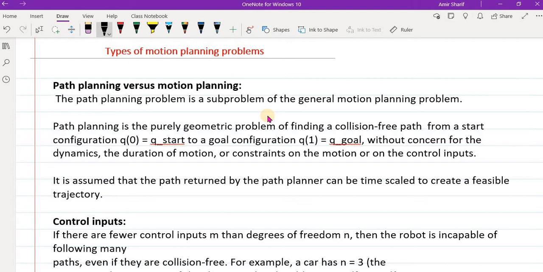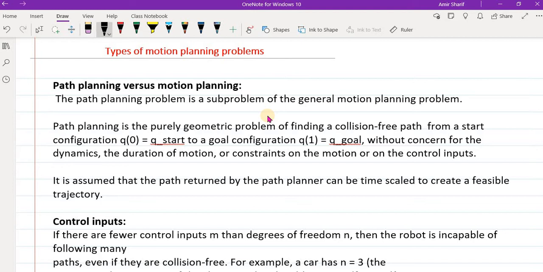The first thing you should be clear about is the difference between path planning and motion planning. The path planning problem is a sub-problem of the general motion planning problem. Motion planning is a broad field, but path planning is a subfield of it.